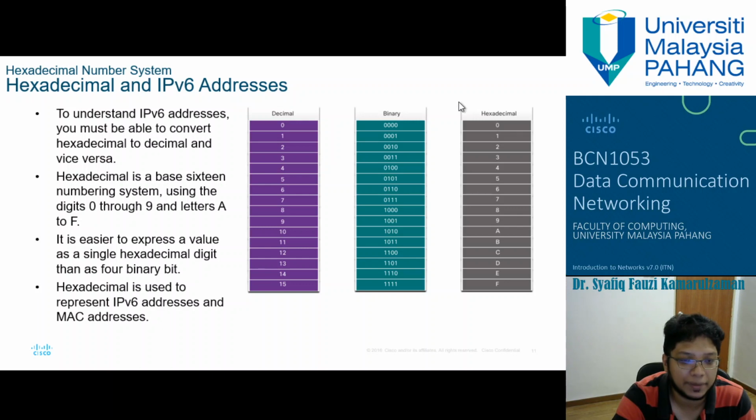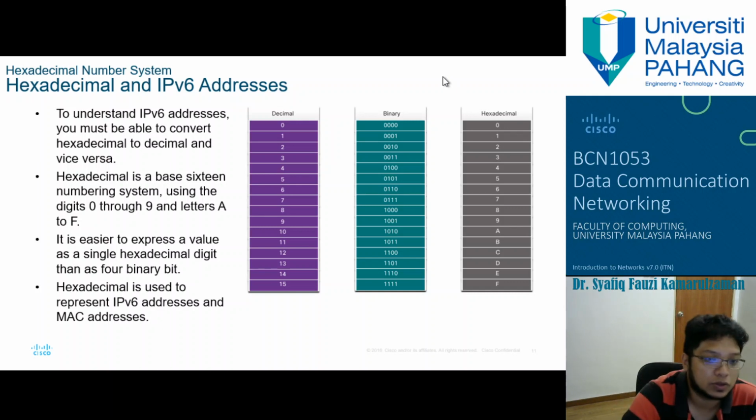Okay, so they are particularly useful in determining IPv6 addresses and also MAC addresses. So MAC addresses they are used in the Ethernet layer so that you can calculate the address of all the NICs connected to a network.